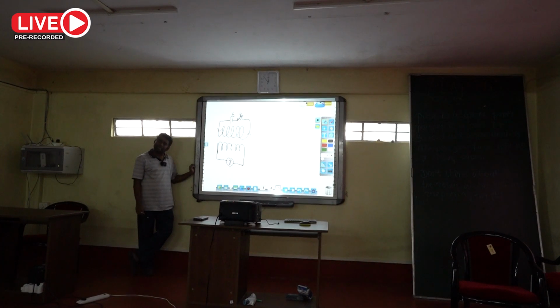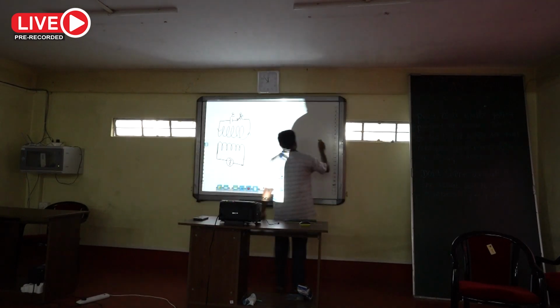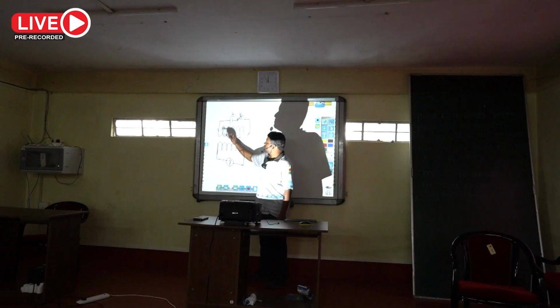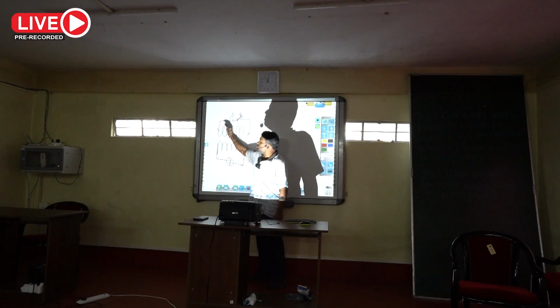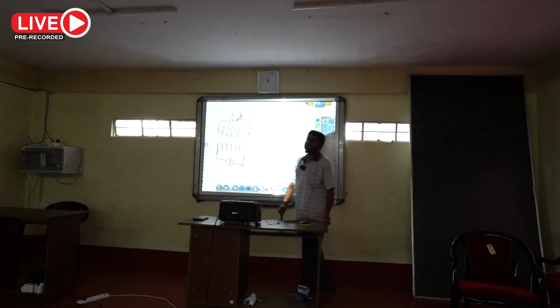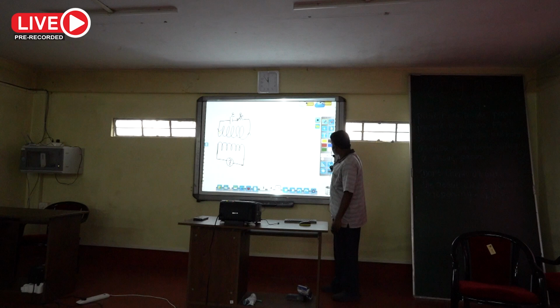I first draw the magnetic field lines. The magnetic field lines will look like this. See, current is flowing through this, so if you see from this portion, it looks anticlockwise. So there is a north pole, there is a south pole, and field lines are passing inside the magnet from south to north. Draw these field lines.